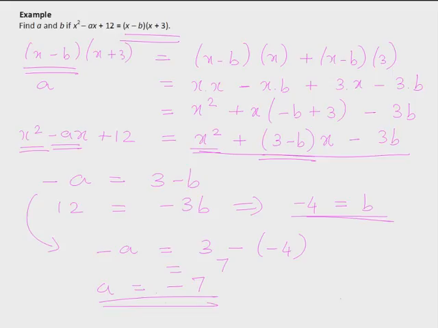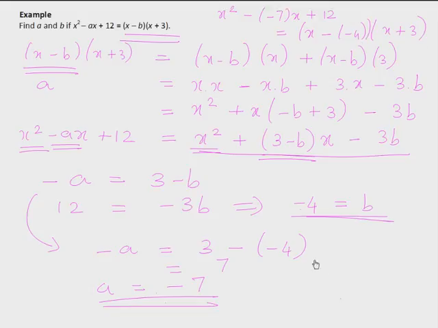Let's check if it makes sense. So it's x square minus 7x plus 12, and on the other side, it's x minus b into x plus 3.